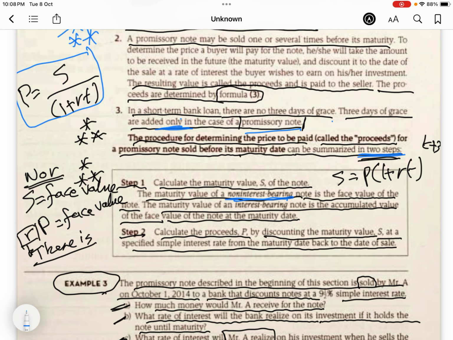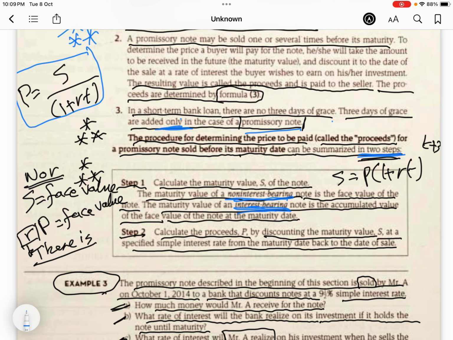The maturity value of an interest bearing note will be the face value plus interest, that is, the accumulated value of the face value of the note at the maturity date.